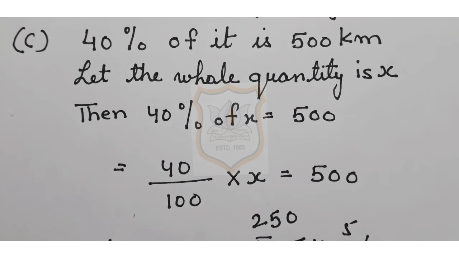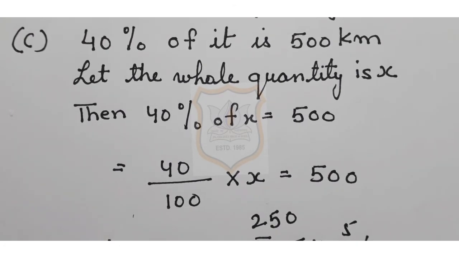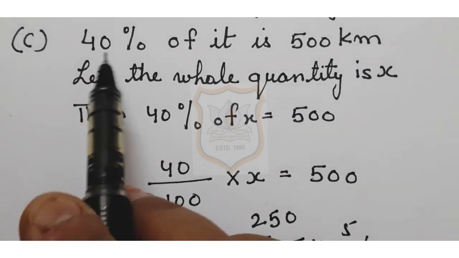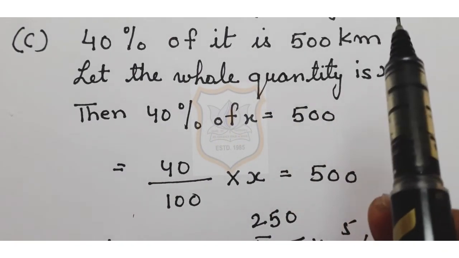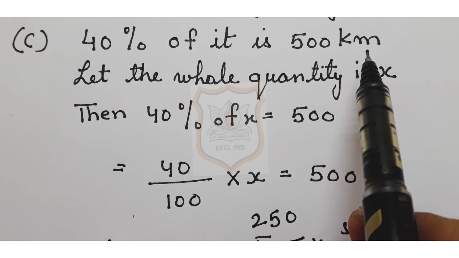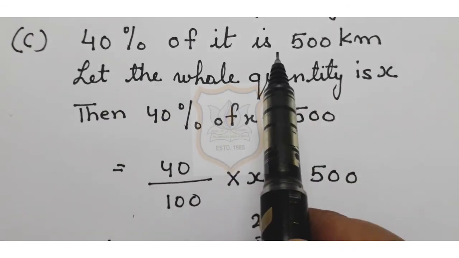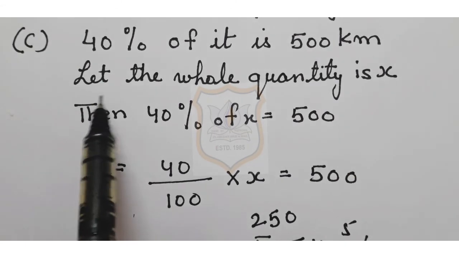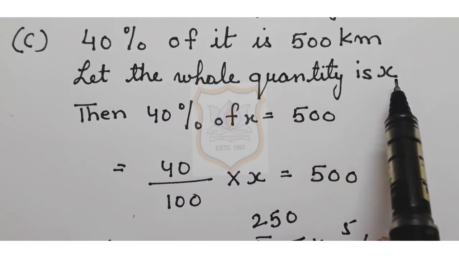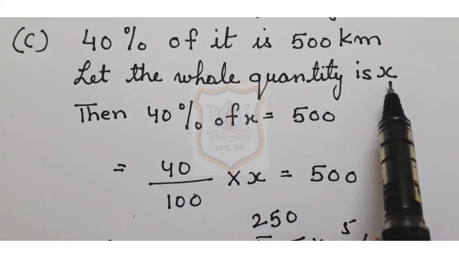Now students, let's solve C part of question number 5, and that is 40% of it is 500 kilometer. You have to find out the whole quantity in which 40% of it is 500 kilometer. So let the whole quantity be x. I have supposed the whole quantity as x.